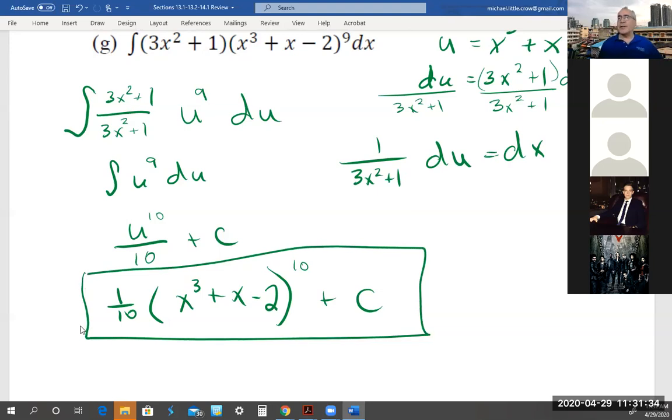And again, if you wanted to, you could take this derivative, the 10 would come down, that cancels, and then you get this part to the 9th times the derivative of the inside, which we've already done.